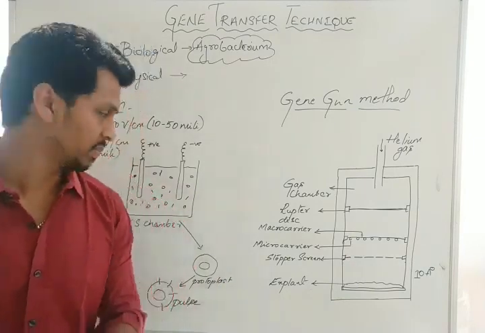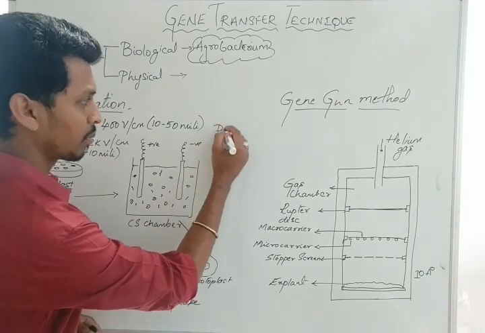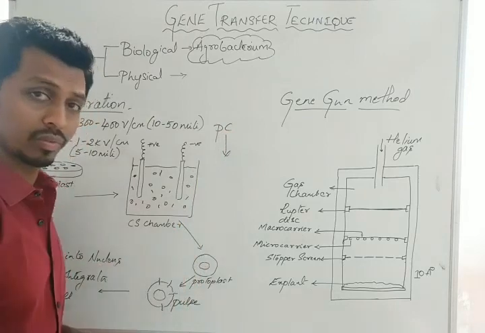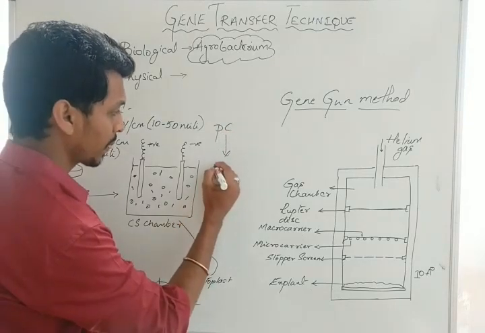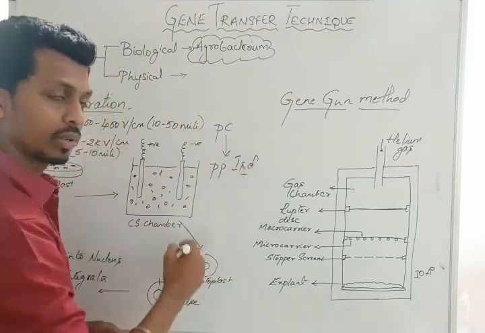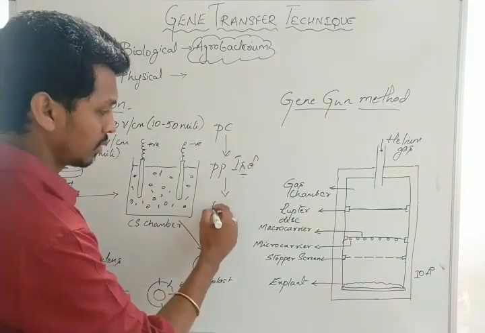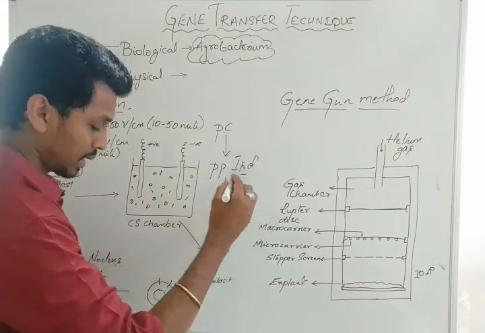Moving on to the mechanism. Here I have mentioned protoplast. We take a plant cell and perform protoplast isolation. Once we do this, we collect the protoplast.